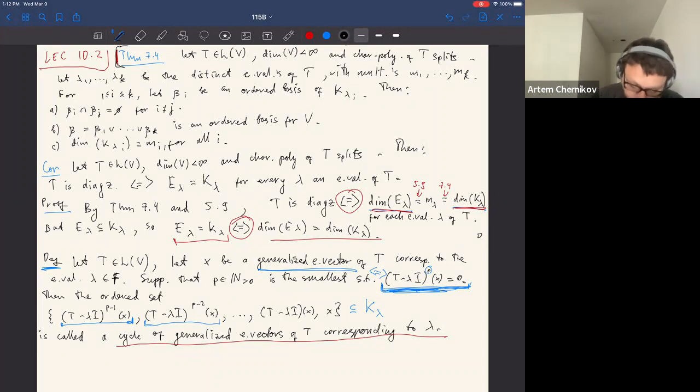And we also will have special names for the first vector in this ordered set and for the last vector.